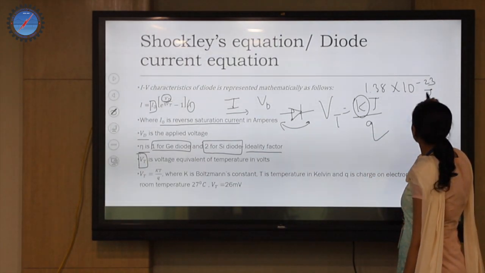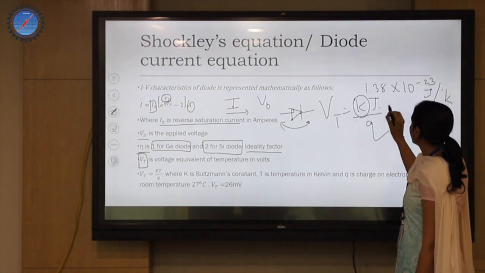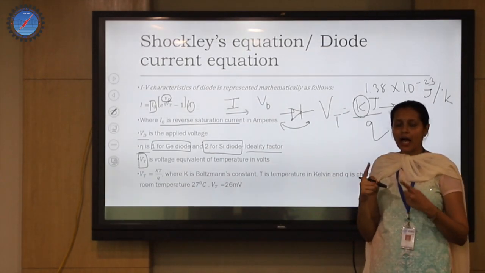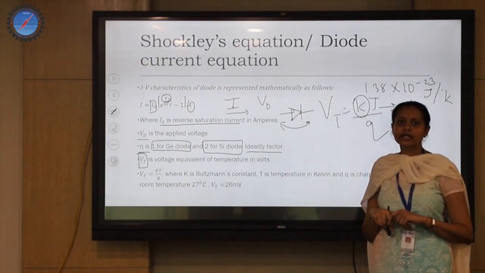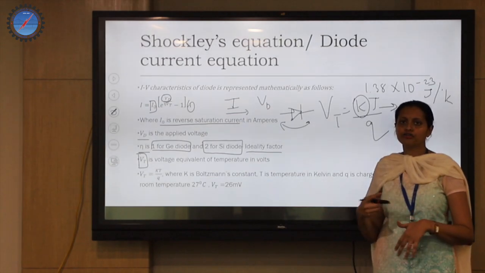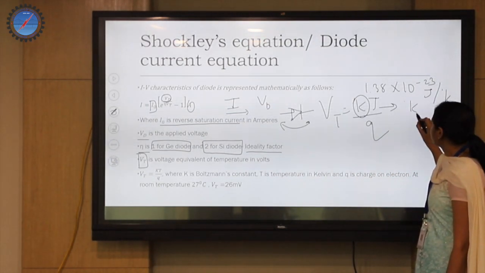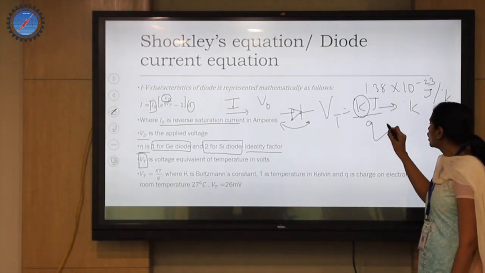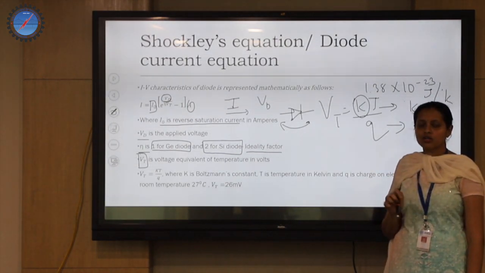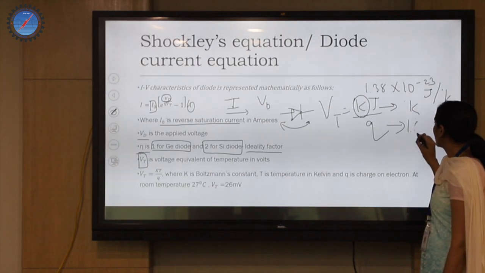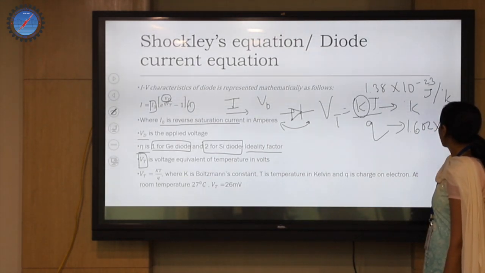So that's the unit. T is the ambient temperature in degrees Kelvin. If it is given in centigrade, then you have to convert it into Kelvin. And q is the charge on an electron, which is 1.602 into 10 to the power of minus 19 coulomb.